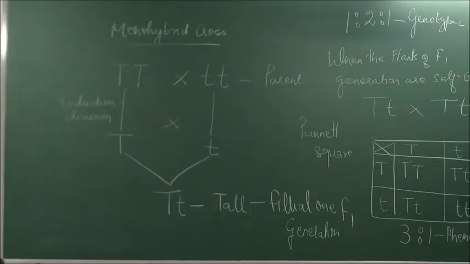But actually, 1 pure tall plant is like the parent generation. 1 dwarf plant is like the parent generation. And 1 plant is like the immediate parent. Understood? So this shows that the character gets repeated in the coming generations. So this is called the monohybrid cross.